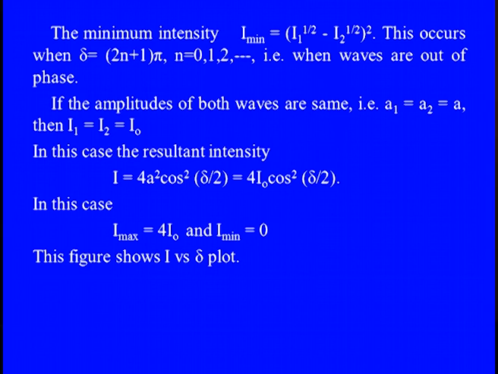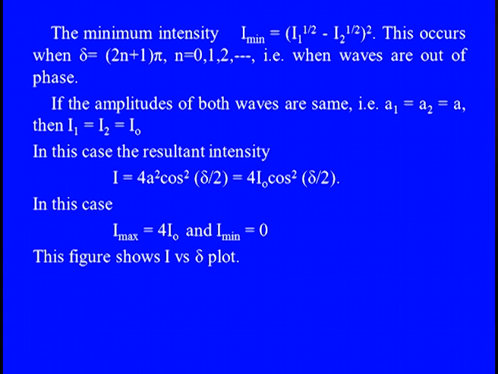The minimum intensity I min will be equal to root of I1 minus root of I2 whole square. This occurs when delta is equal to (2n plus 1) pi, that is, when waves are out of phase.